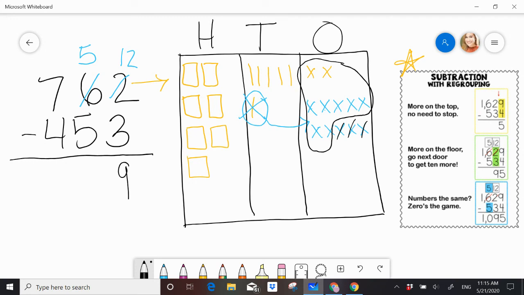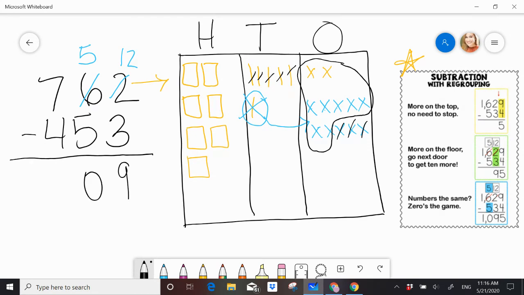Now we do 5 tens, take away 5 tens. Number is the same, zero's the game. Let's take away 5. 1, 2, 3, 4, 5. Look, how many tens am I left with? I'm left with none. No groups of 10. 0.